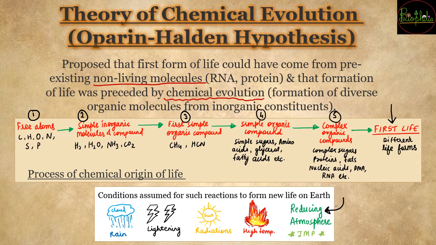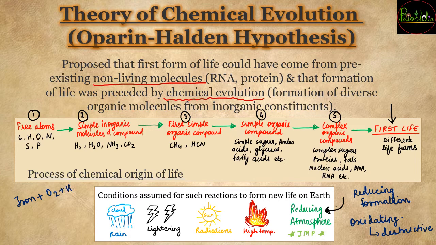A very important thing people should remember is that reducing environments or reducing conditions are majorly for formation. When there are reducing conditions, it is the case of formation. But whenever there is an oxidizing environment, it is always for destruction. An oxidative environment is never going to support anything creative, because you understand that when iron comes in contact with moisture and oxygen, whenever oxygen is present, it is going to destruct anything.